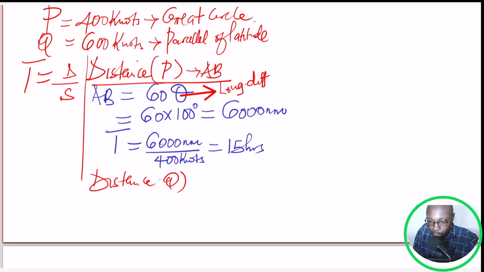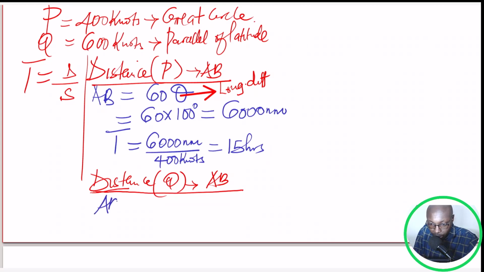by Q, that is along the same path, that is along AB. Remember that Q traveled along the parallel of latitude, that is along the small circle. So how do we get distance in nautical miles along the small circle?